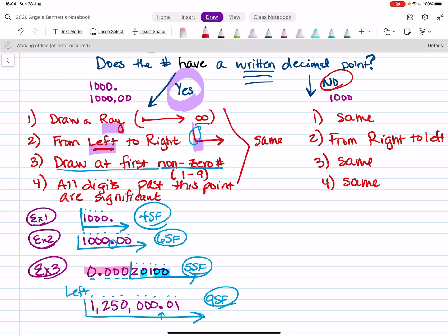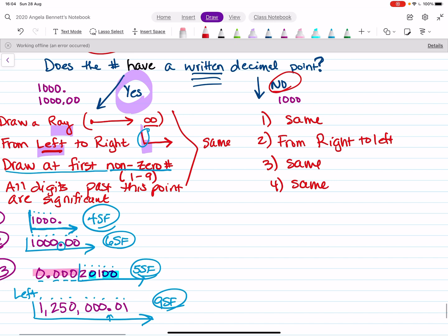That's it. All right, so for our example that we have up here at the top, 1,000 without a decimal place, or decimal point, sorry. We do know it does have a decimal spot, but it's just not written. Then we're going to start on the right-hand side of the number. So this is the right, and we are going to go from right to left.